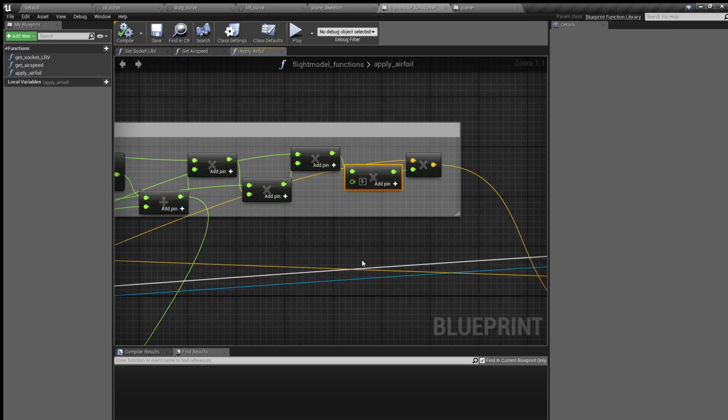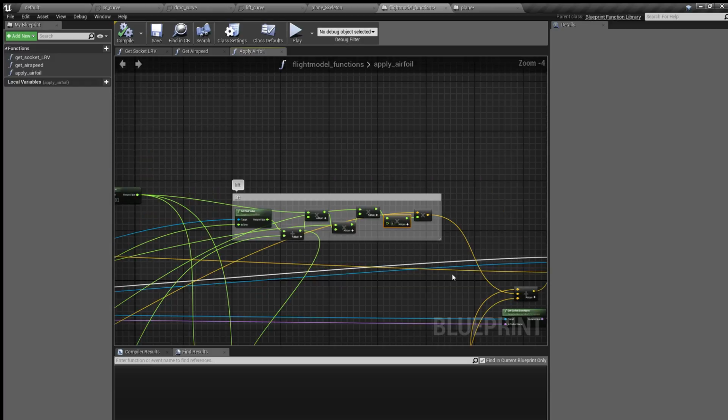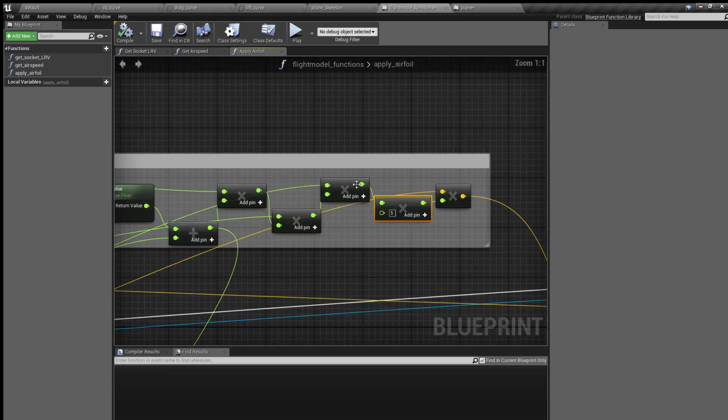And now finally I had to multiply this result by 5. Now, this is because of one quirk of the Unreal Engine. 1 unit of force, if you use the blueprint apply force node, is 0.1 Newton.